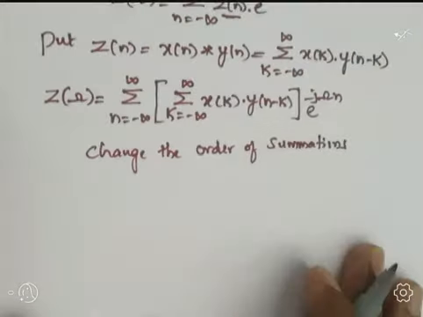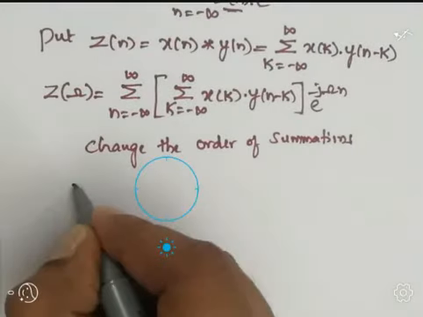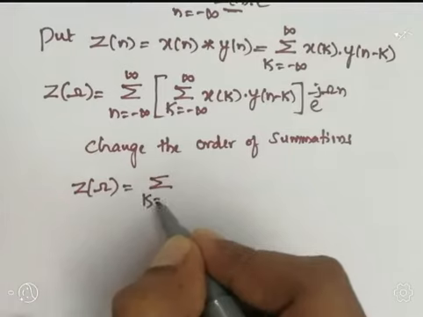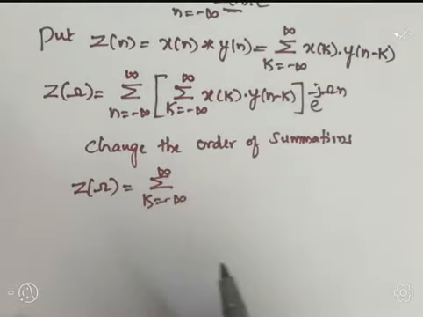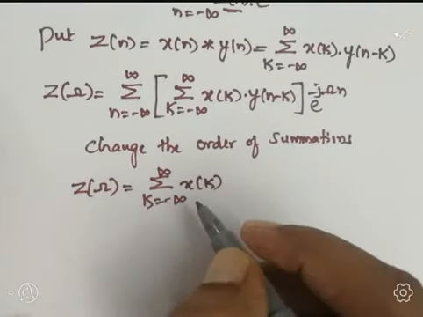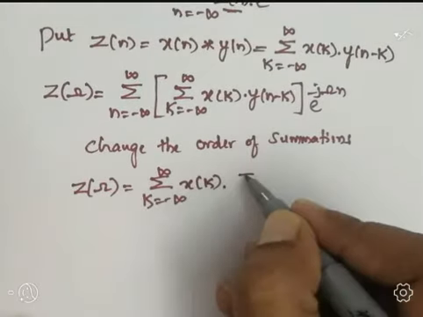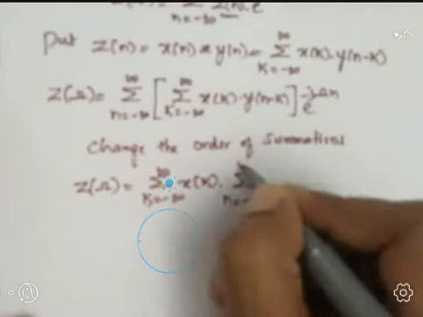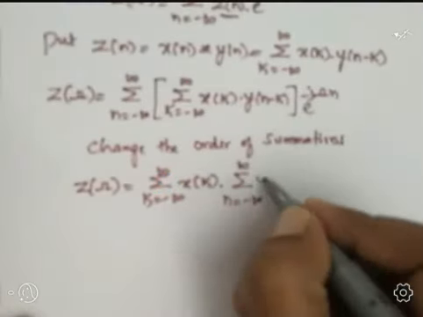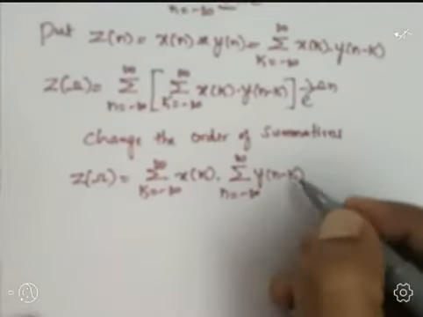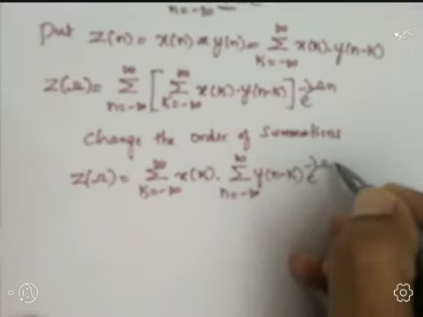Then I am writing here, Z of omega is equal to summation k equal to minus infinity to plus infinity, and I will take x of k outside. Then the remaining part is summation n equal to minus infinity to plus infinity y of n minus k, e to the power minus j omega n.